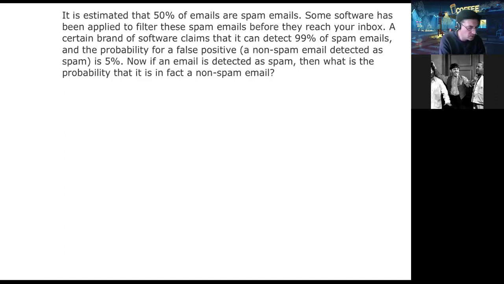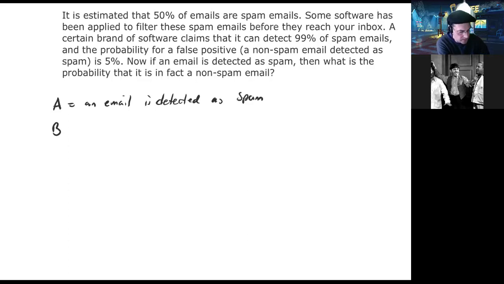So I'm going to consider A and B events. A is the event that an email is detected as spam. Okay, so the program thinks it's spam. B is the event that an email is actually spam.